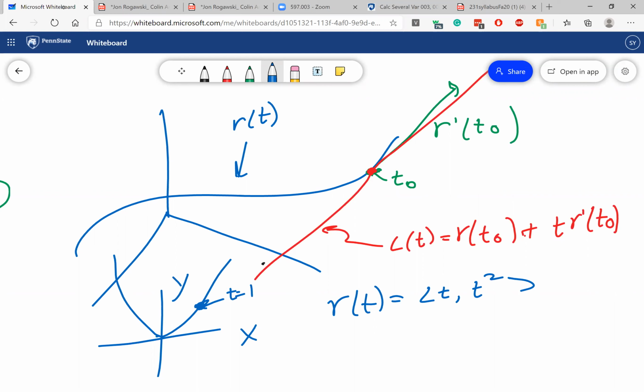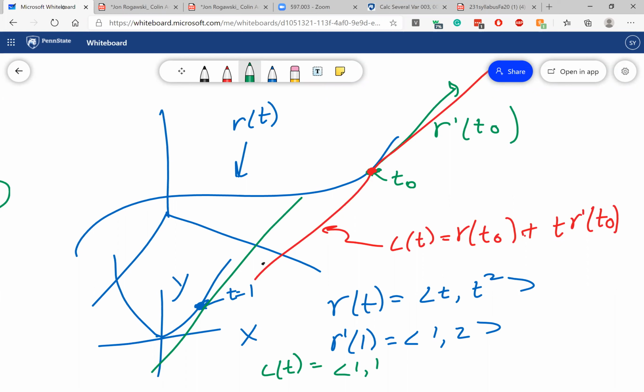That's going to be r prime at 1, which is going to be 1 and 2, since r prime of t is 1 and 2t, and I plug in 1. So that's what this is. Then if you want your tangent line, your line at t is going to be r at 1, which is 1 and 1, plus t times 1, 2.